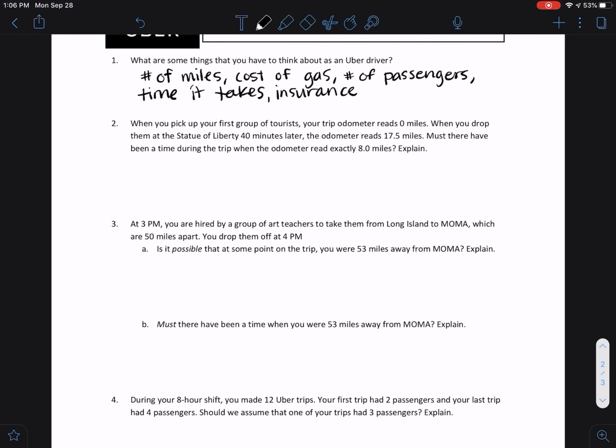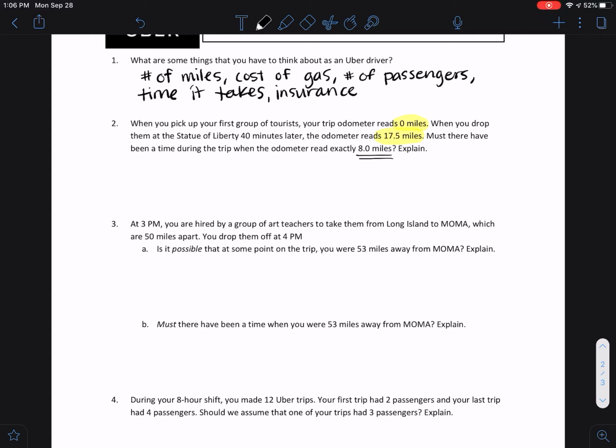When you pick up your first group of tourists, your trip odometer reads 0 miles. So right now, we're at 0 miles. When we drop them off at the Statue of Liberty 40 minutes later, the odometer reads 17.5 miles. So must there have been a time during the trip when the odometer read exactly 8 miles? Well, I don't know about you, but if you're driving in a car, your odometer is not going to just start at 0 and end at 17.5.